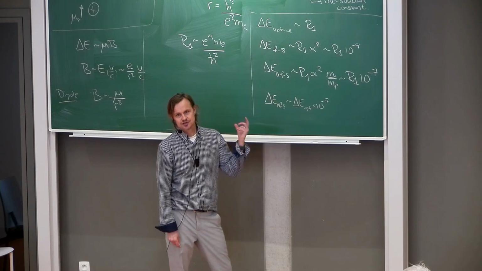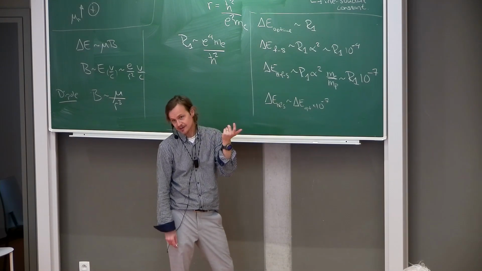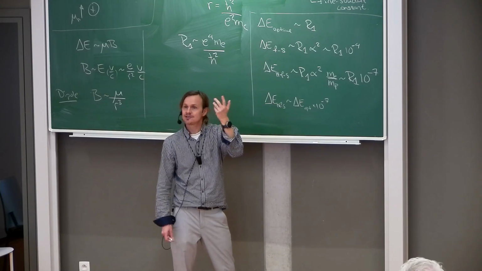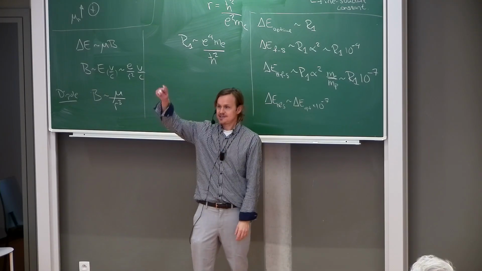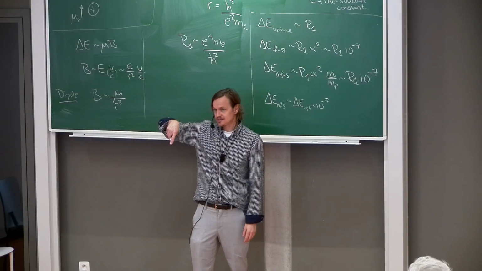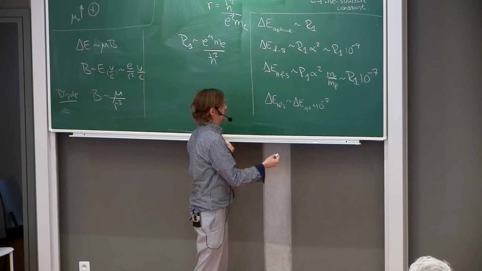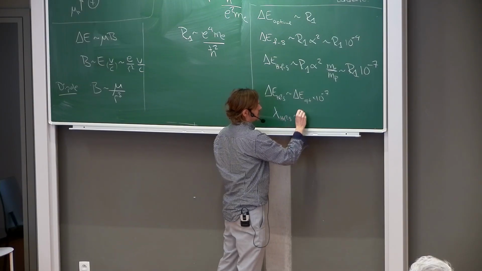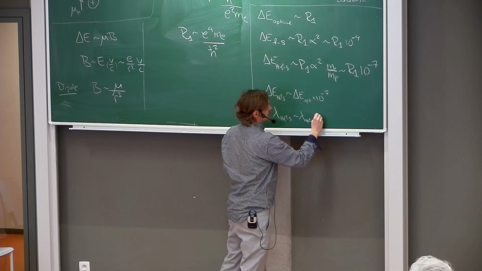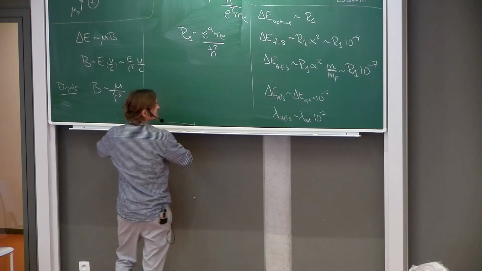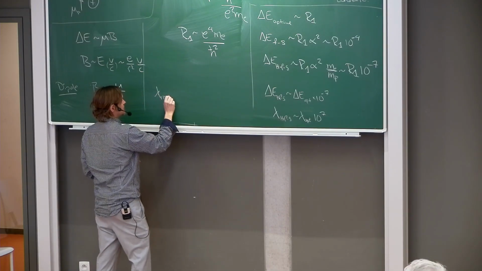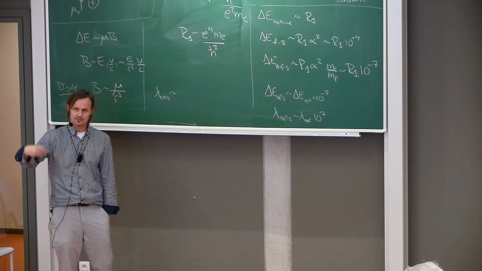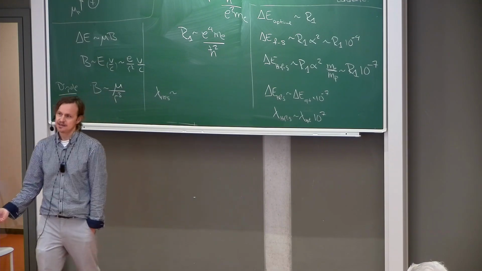But of course, we can just turn this around to take the wavelengths instead, right? We know that the energy transitions delta E are just hc divided by lambda, yes? So we can say that the lambdas for the hyperfine structure levels are on the order of lambda times 10 to the 7. So a typical optical wavelength here would be 10 to the minus 5 centimeters, right?